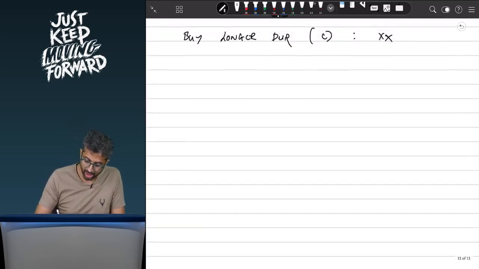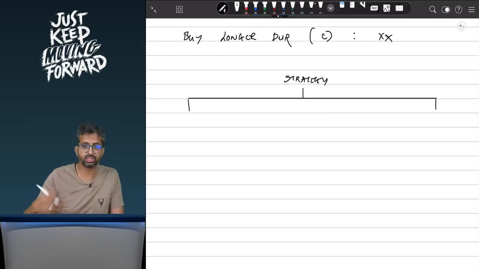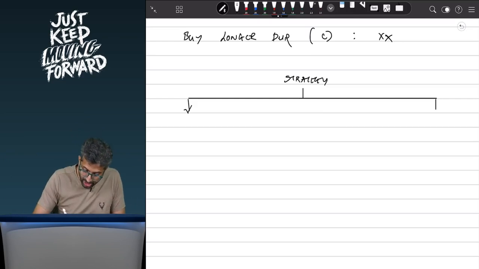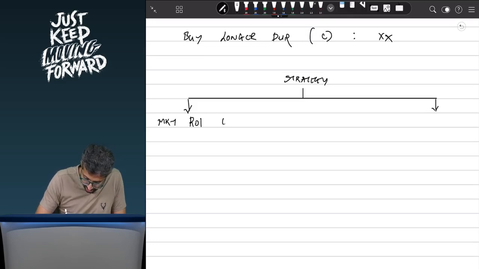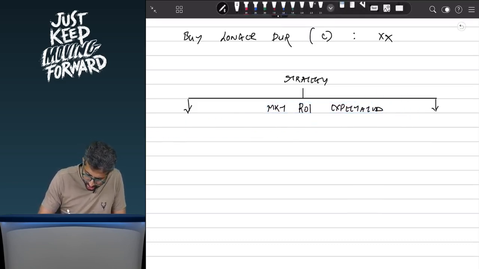So generally, if you were to think of a strategy, I don't recommend that you learn this by heart or remember this. You can conceptually think about this. But if this thinking is a problem, you say that we want to sit back and relax. The bond strategy typically is: if the market rate of interest is expected to fall, or the market rate of interest is expected to rise.